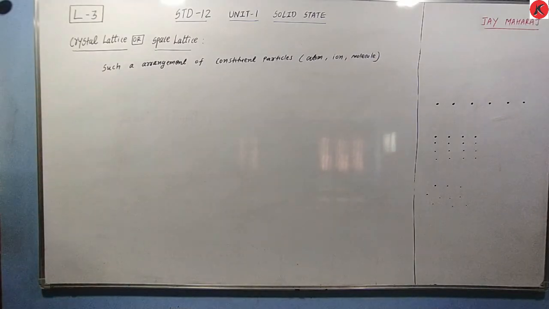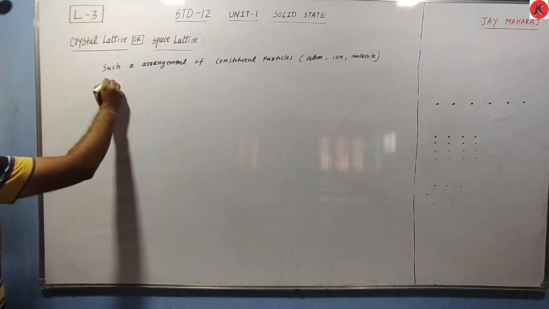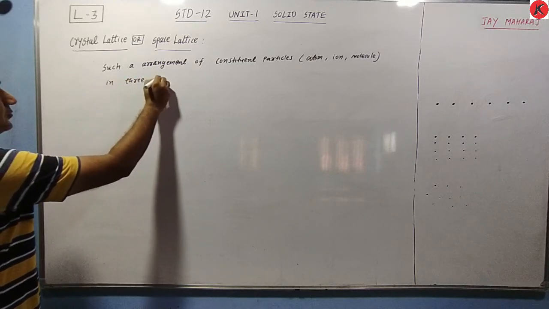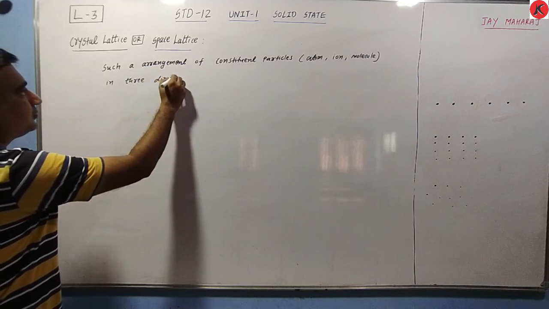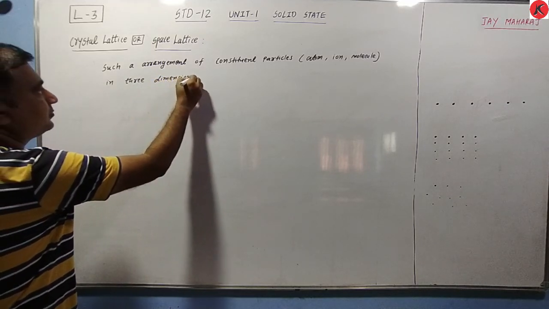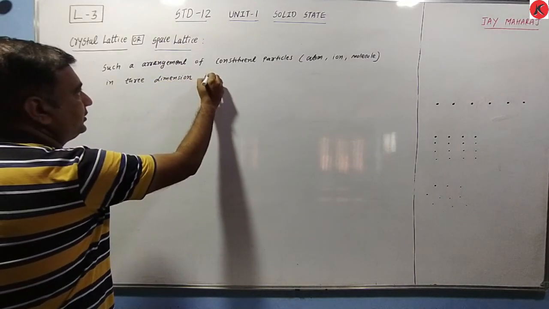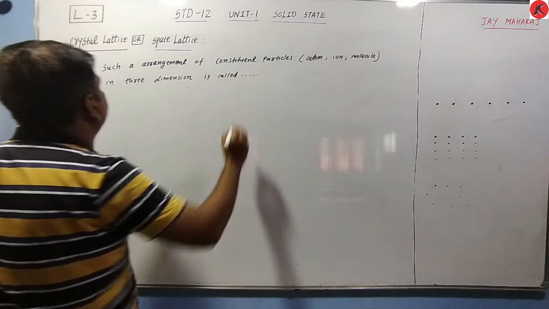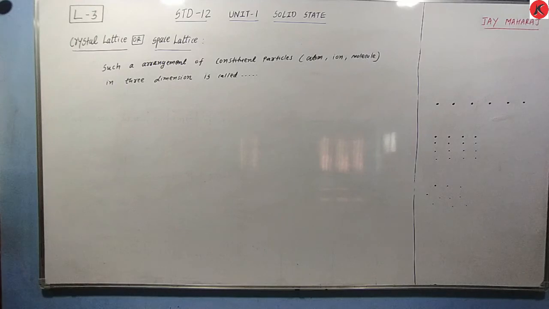Arrangement of constituent particles, atom, ion or molecule in three dimensions is called crystal lattice, otherwise space lattice.